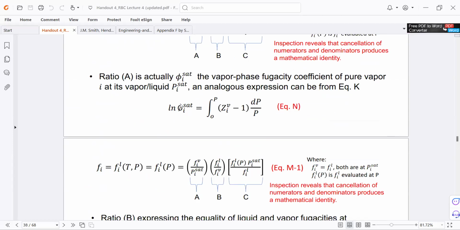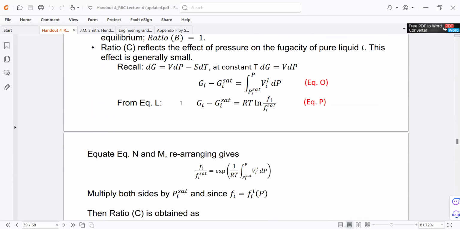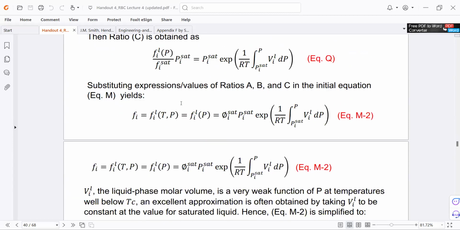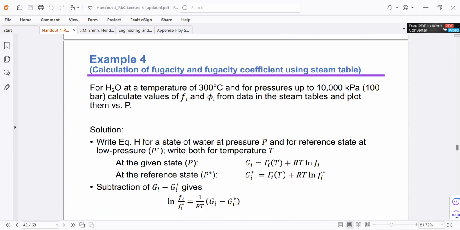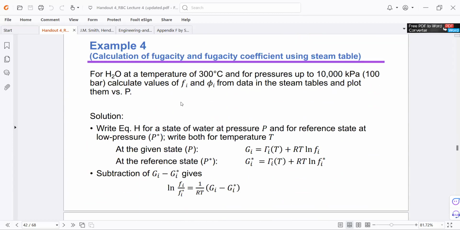Last video, we introduced fugacity, and we said that it's important because we can use it for accounting for non-ideal behavior, and also for equilibrium calculations, and for phase equilibrium.